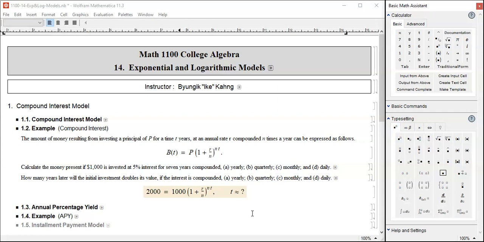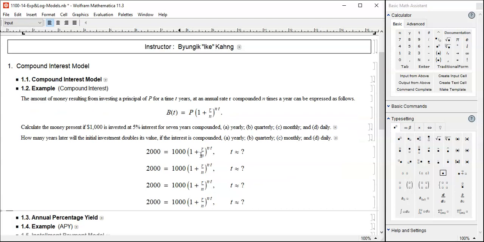Then you'll have to repeat this for yearly, so reinvestment once a year, versus quarterly, 4 times a year, monthly, 12 times a year, and daily, 365 per year. So you have problem number 1 here.